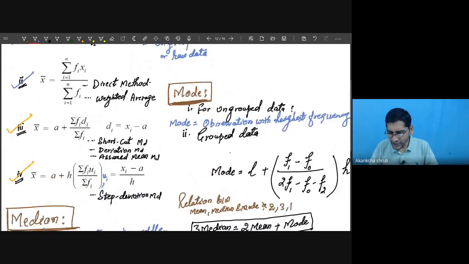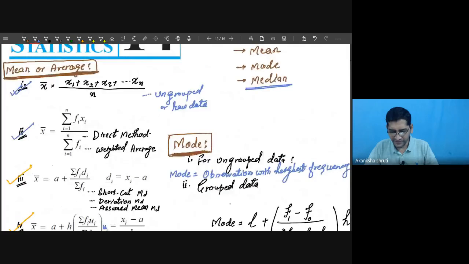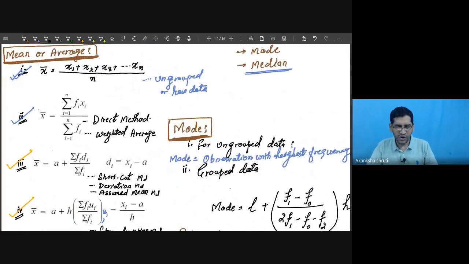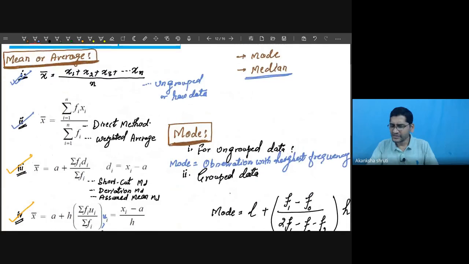We had also learned about the mode. The mode is the observation which occurs most frequently, meaning the maximum frequency observation is called the mode of that data. It is possible that more than one observation has the highest frequency, which is called multimodal, but that is beyond your scope, so we are not discussing that.